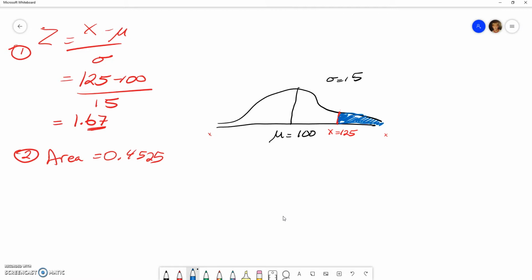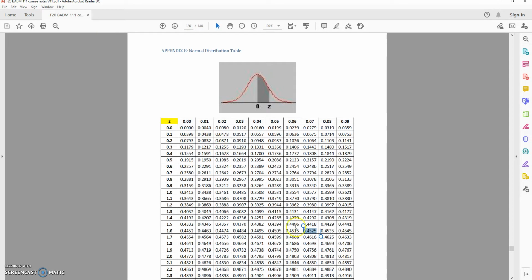We want to know the probability that someone, randomly selected individual, has an IQ in this shaded in area. If we go back to the normal distribution table, Appendix B, we get an area of 0.4525, and then on this little chart here we have the middle value and we have the Z value. This Z value here will be 1.67. The numbers we get in the interior part of this table always match from the middle out to the actual Z value.